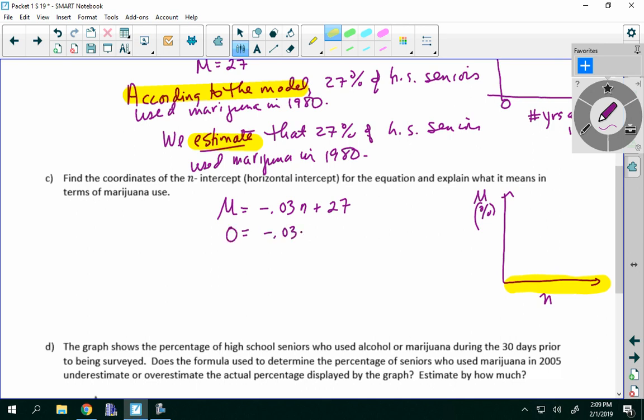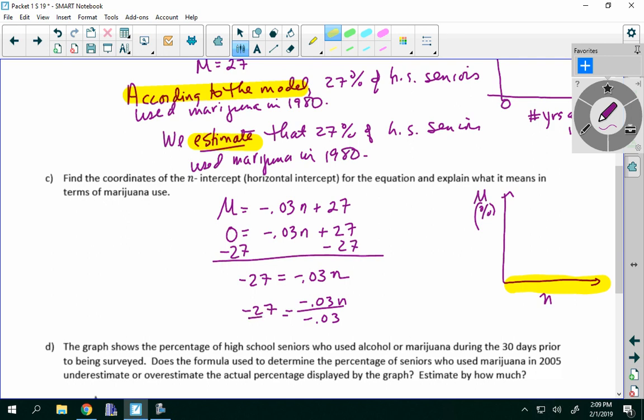So now I'm solving for N. I'm trying to figure out how many years after 1980 I could predict that 0% of high school students used marijuana in the 30 days prior to being surveyed. So to solve this equation, I would subtract 27 from both sides, and I would get negative 27 equals negative 0.03 N. Now to solve for N, I divide both sides by negative 0.03. And that's going to give me N equals 900.